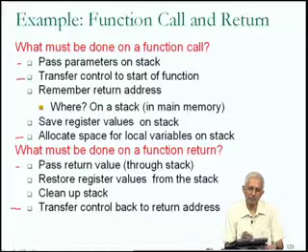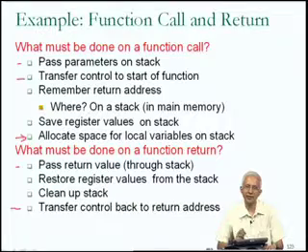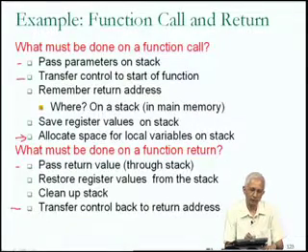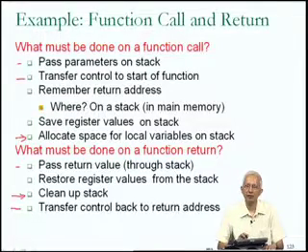The local variable comes into existence as part of the function call because there are instructions which explicitly allocate space for those local variables on the stack. And those local variables cease to exist when the function returns because there are instructions which explicitly free the space that was used for those local variables from the stack.